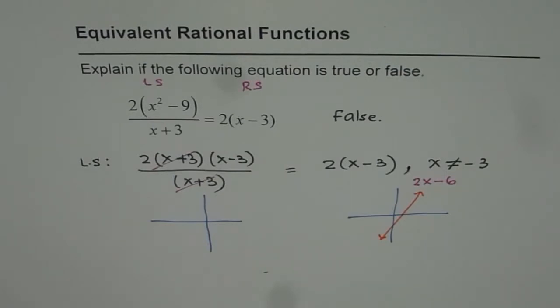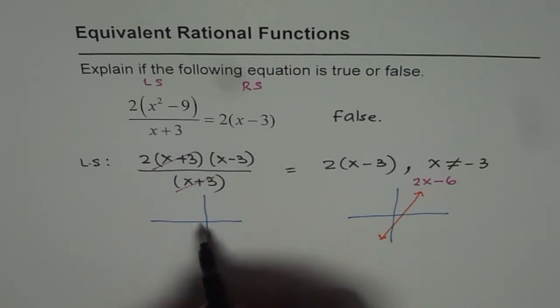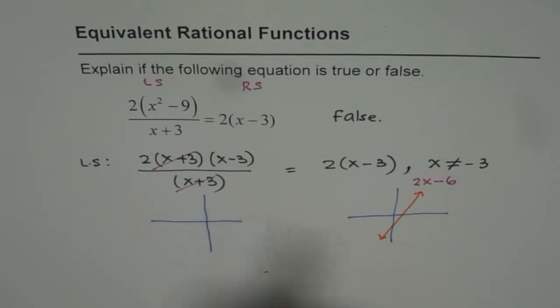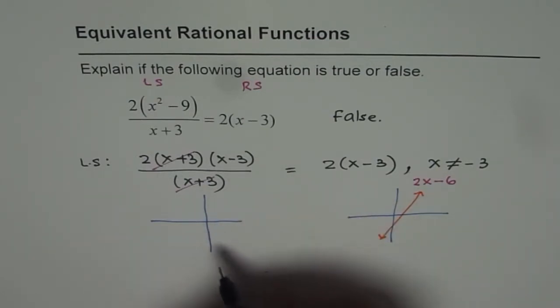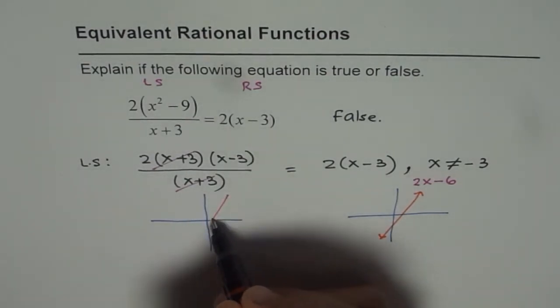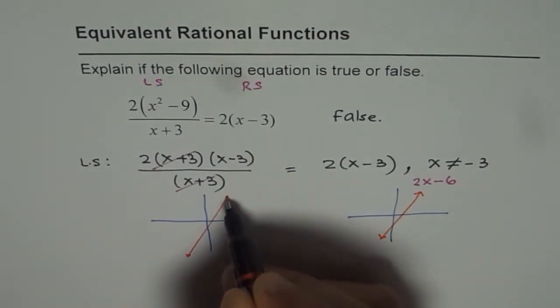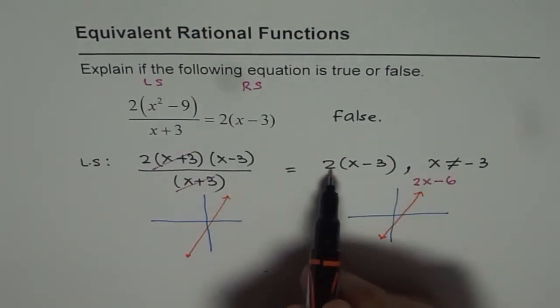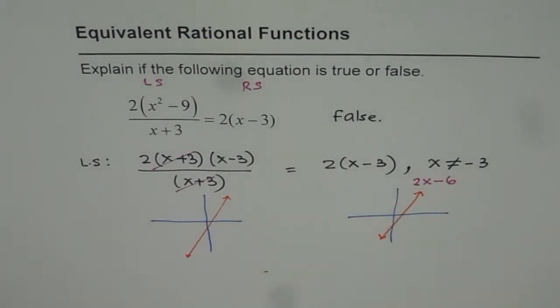On the other hand, if you look into this part of the graph, then the line could be similar. So what I'm trying to say is that the line could be like this, because it is also 2 times (x minus 3). Now let me write it in a different ink so that we can differentiate.